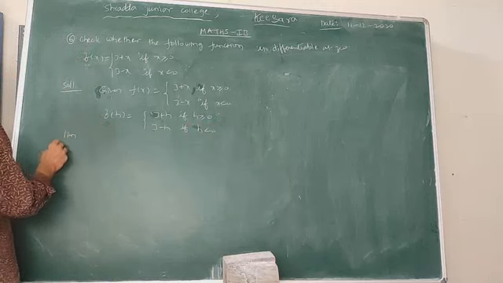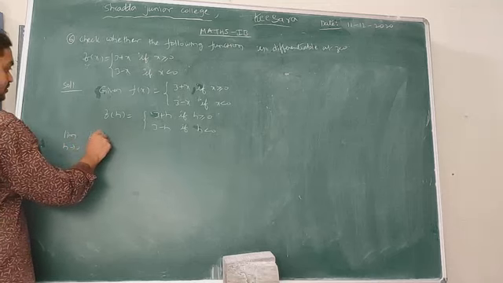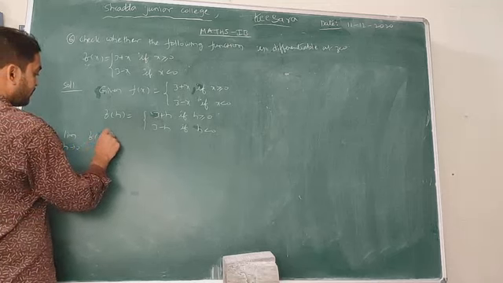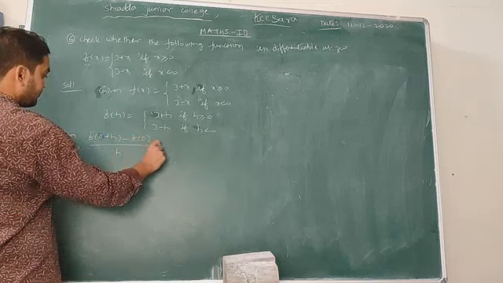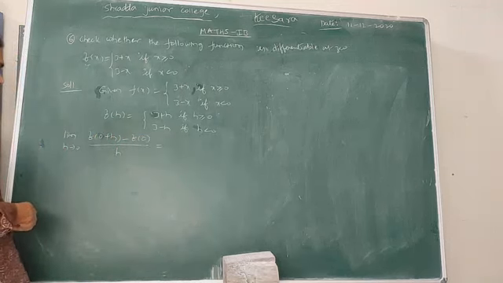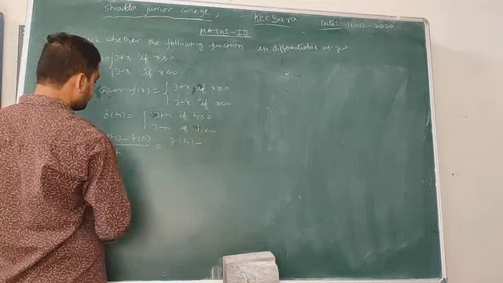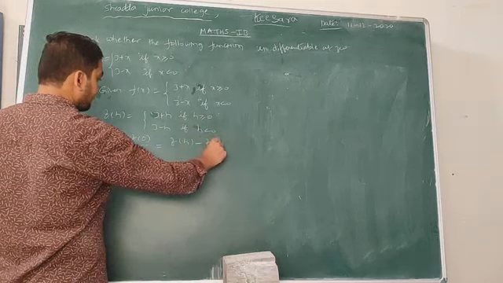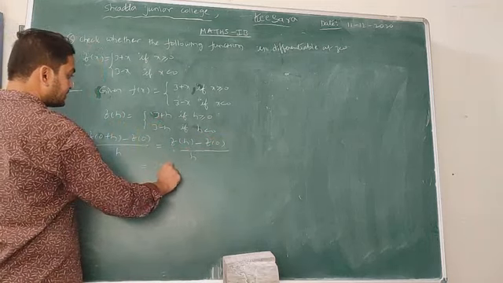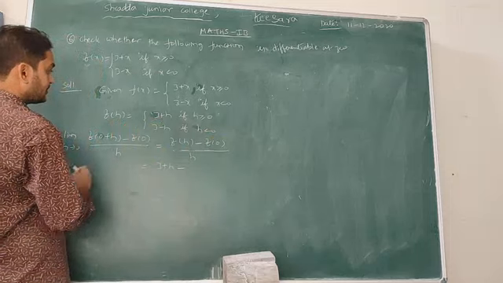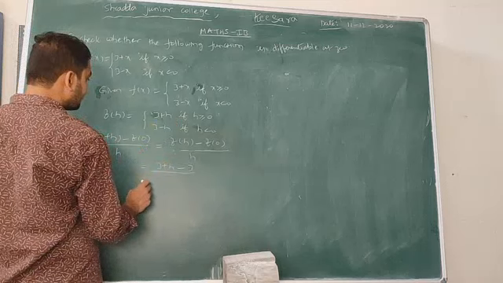Now we have to find the limit as h tends to 0 of f of 0 plus h minus f of 0 by h. F of 0 plus h is nothing but f of h, so f of h minus f of 0 by h. What is f of h here? 3 plus h minus f of 0. In place of h, substitute 0 here. 3 by h means what?